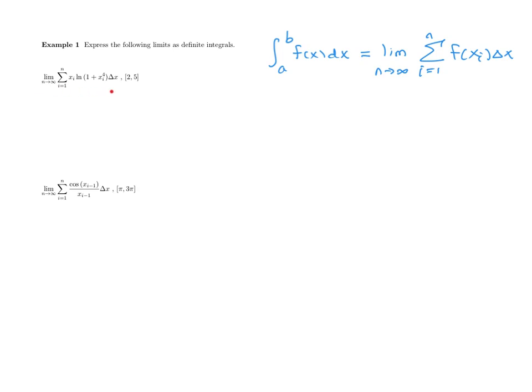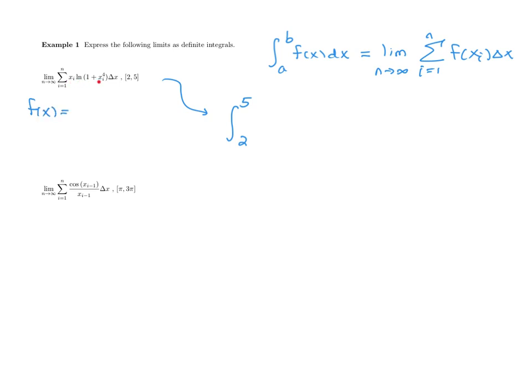If we look at this first one here, I see that we're working on the interval from 2 to 5. That's going to be the lower and upper bound of the definite integral. So for this one here, we can say we're integrating from 2 to 5. Next, we have to know what function we're actually integrating, and that can be determined by this part here. So what is the function f of x that we are using?